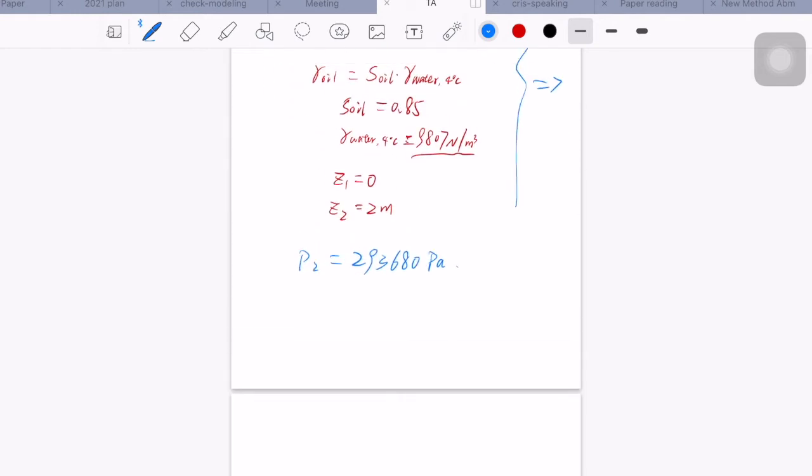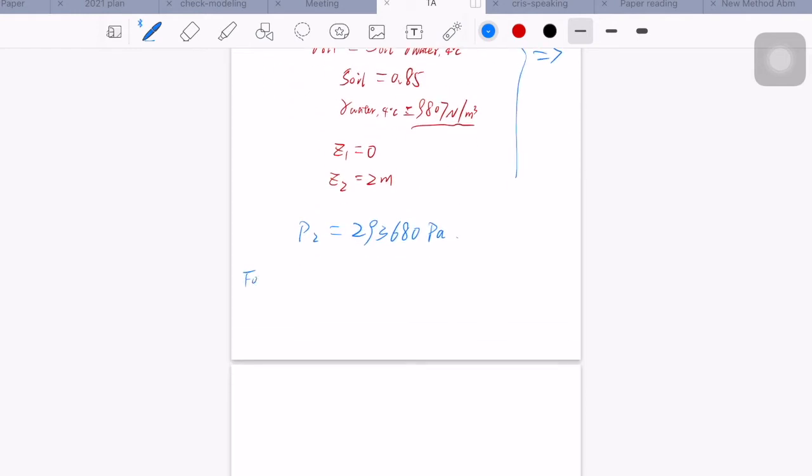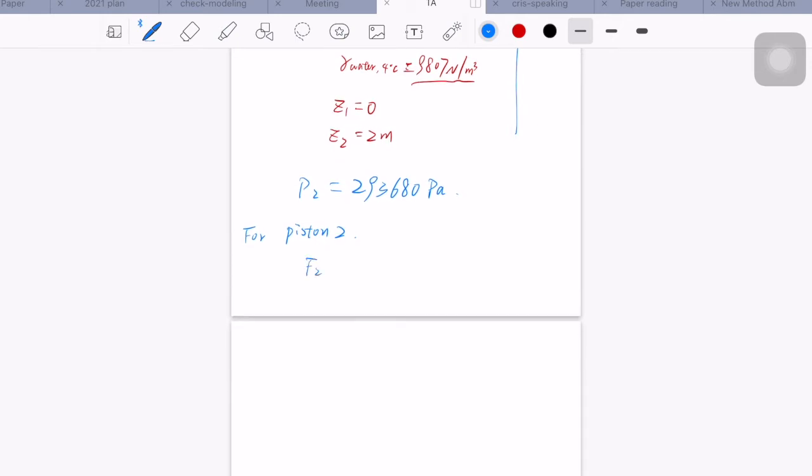And now for the piston 2, we know that F2 should be equal to the P2 times A2, and it equals P2 times pi times D2 squared over 4. And we know P2 equals 293,680 Pascal.